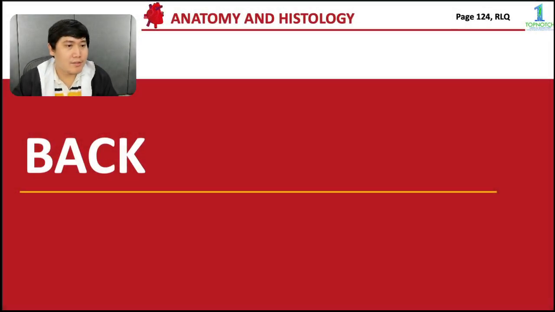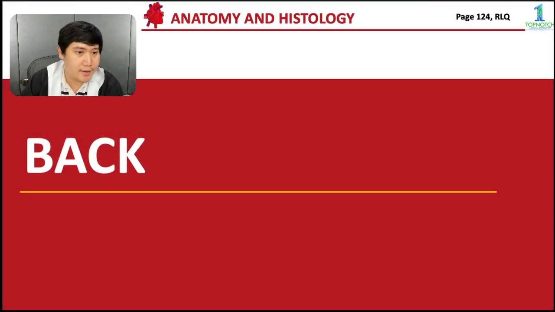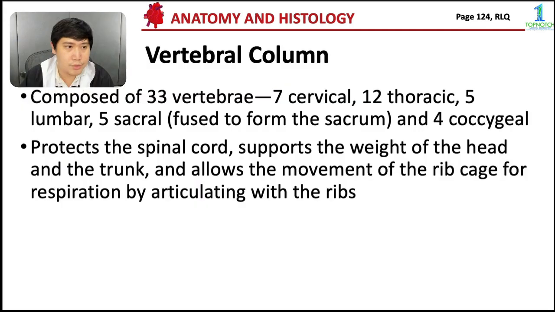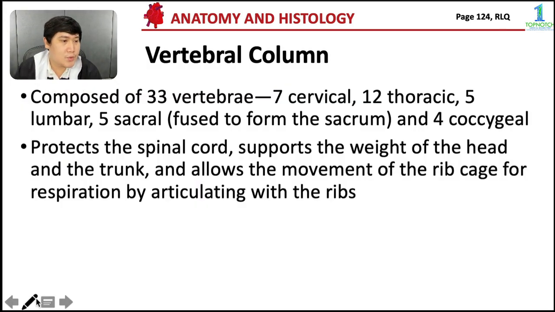Now let's move on to the last part of our discussion. So let's go to the back. Okay, so starting with the vertebral column. Your vertebral column is composed of 33 vertebrae in children.